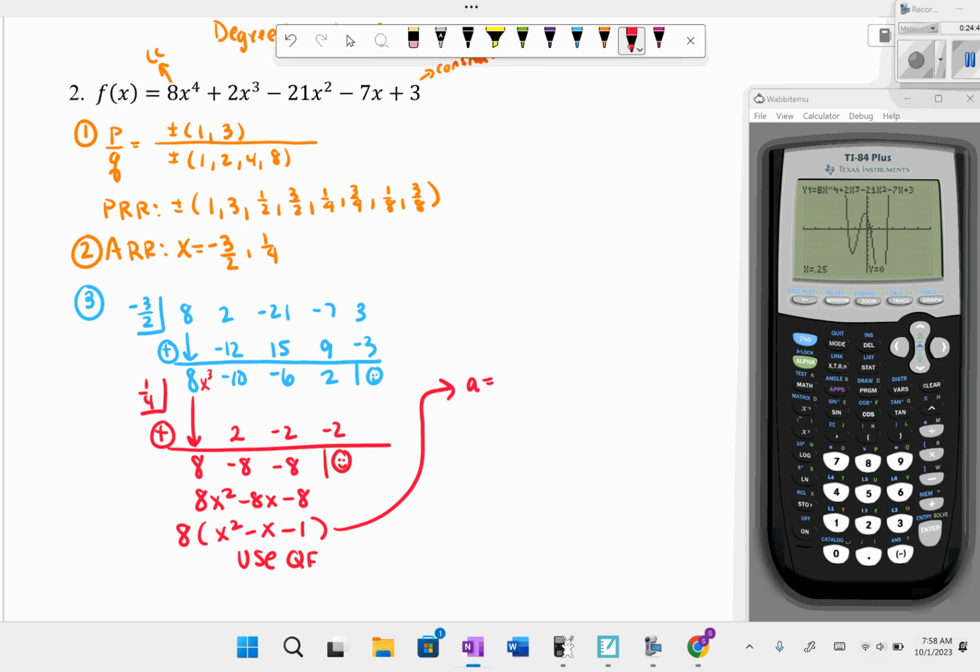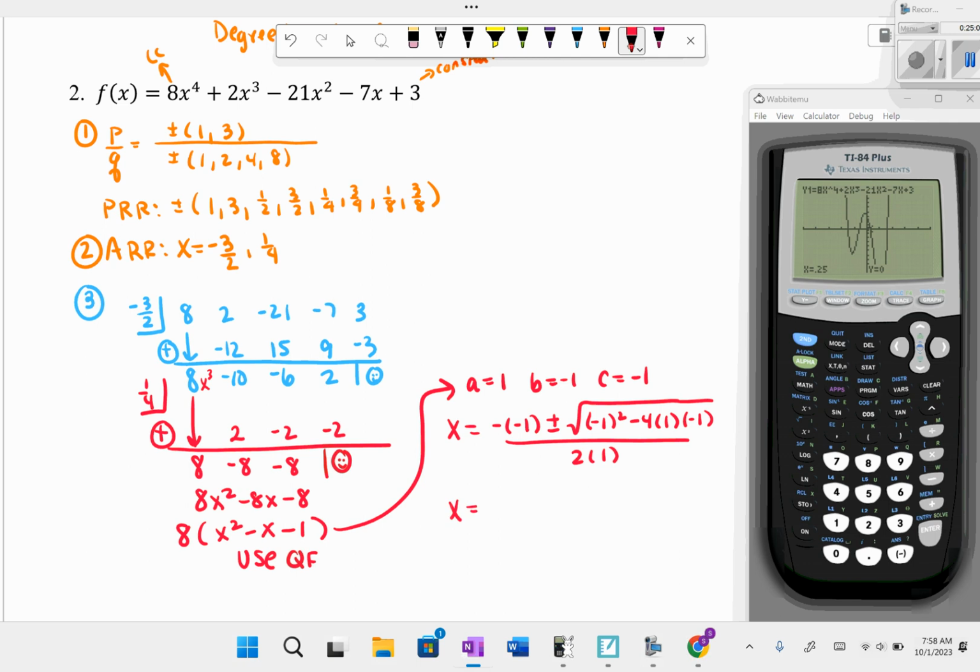So our A is 1, our B is negative 1, and C is also negative 1. So x equals negative B, so negative negative 1, plus or minus the square root of b squared, so negative 1 squared, minus 4 times a, which is 1, times c, which is negative 1, all over 2 times a.